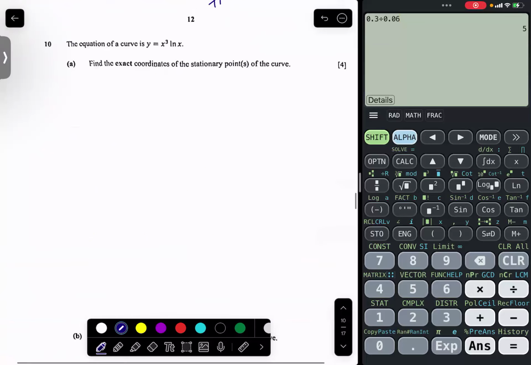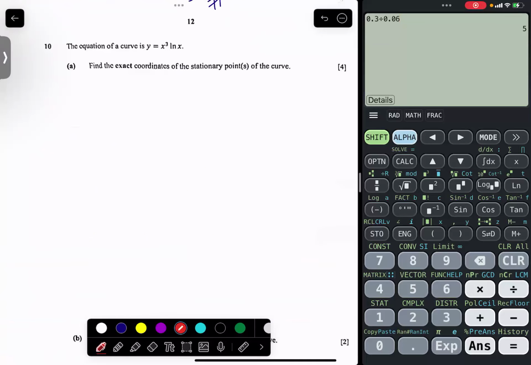Next, question 10. The equation of a curve is y equals x cubed ln x. Find the exact coordinates of the stationary point. Stationary points mean dy/dx equals 0.